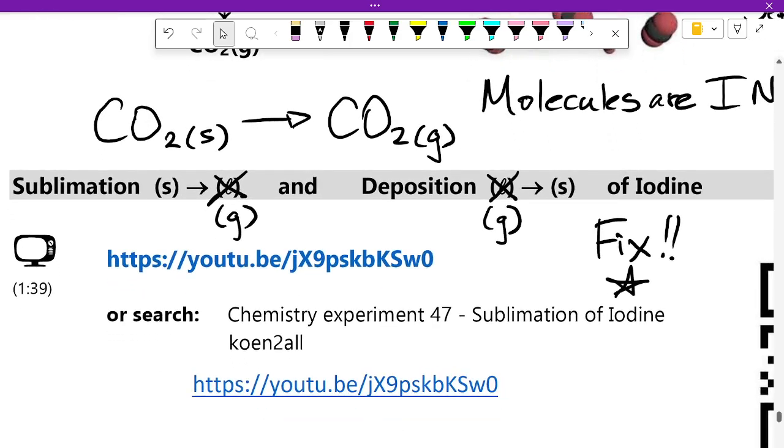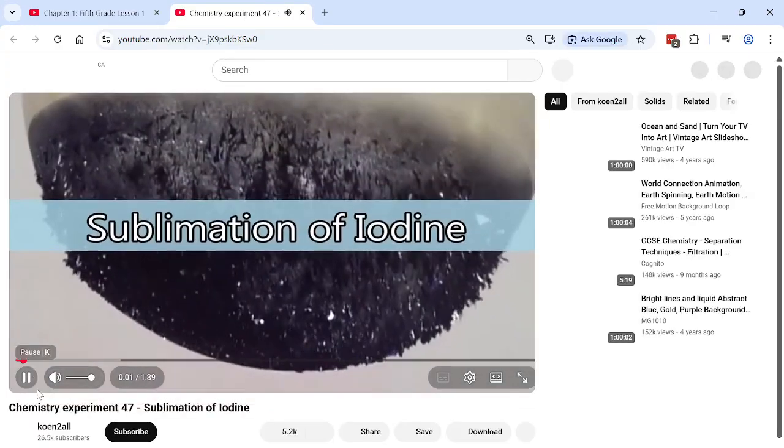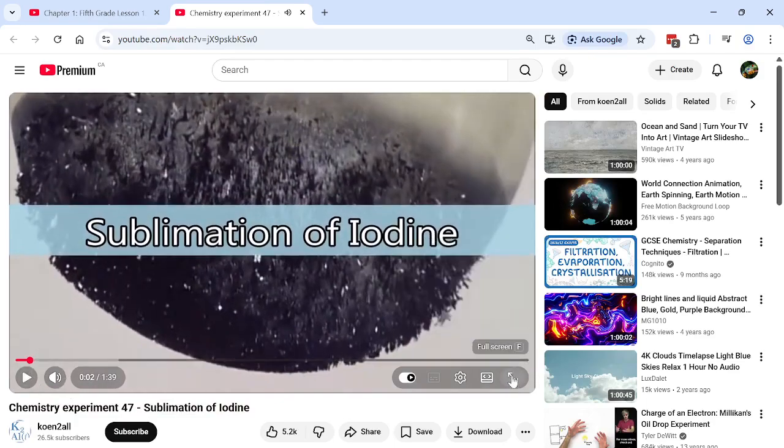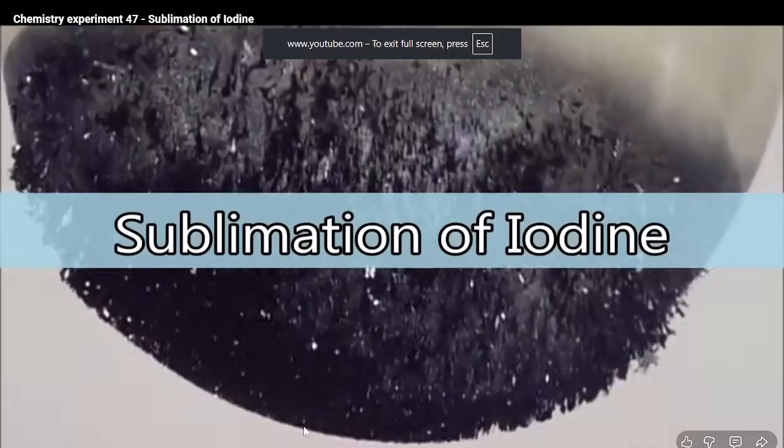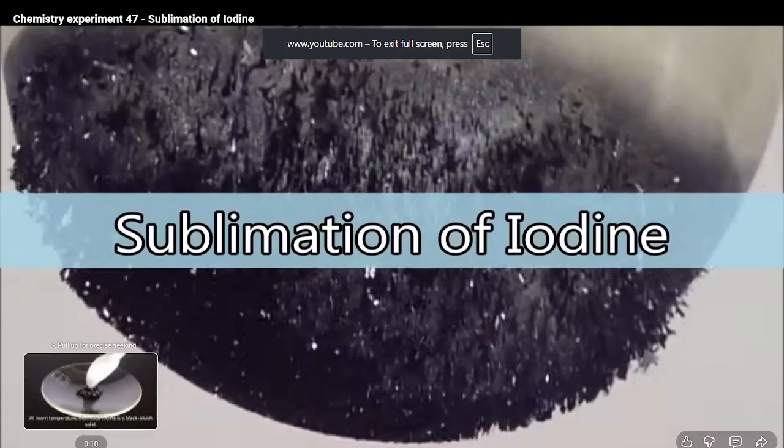And we're going to go look at the sublimation of iodine. Iodine is another substance, like carbon dioxide, that goes straight from solid to gas rather than melting. So let's go take a look at an experiment that they did with iodine, which is a beautiful purple crystal. Okay, so those are iodine crystals on the outside of that flask.